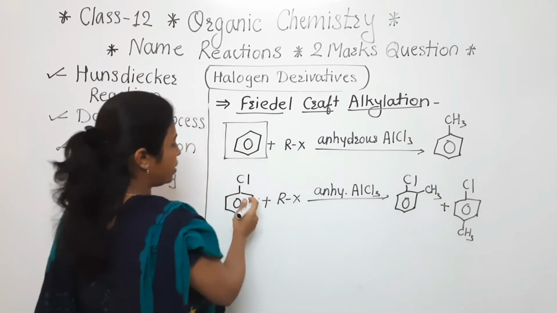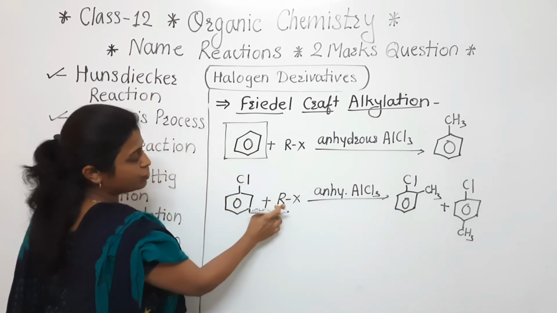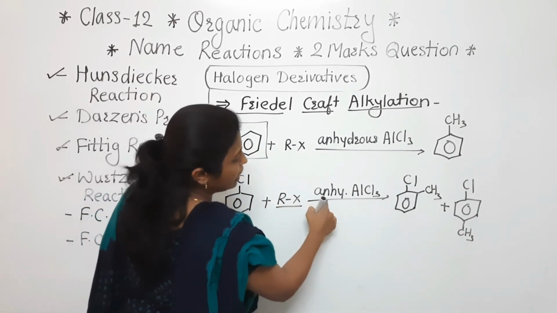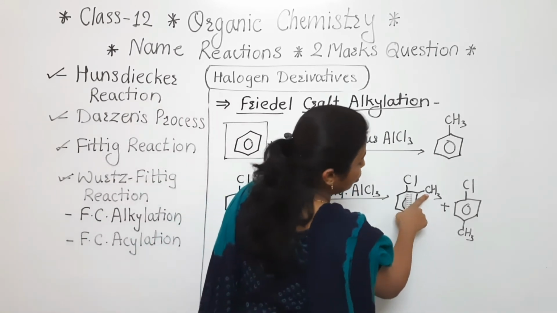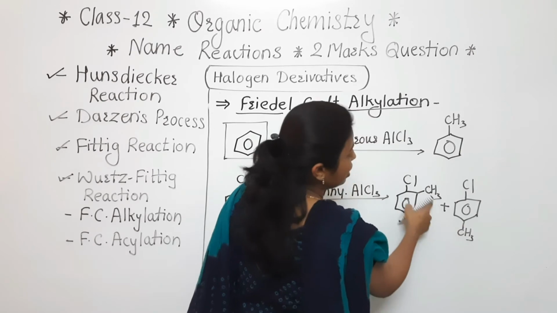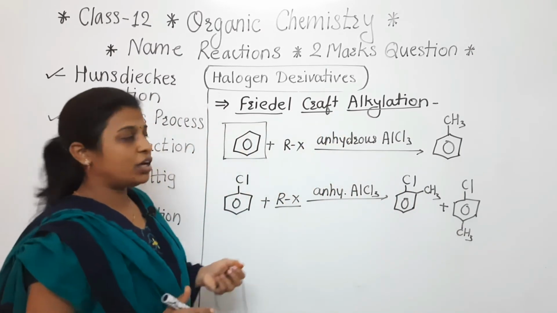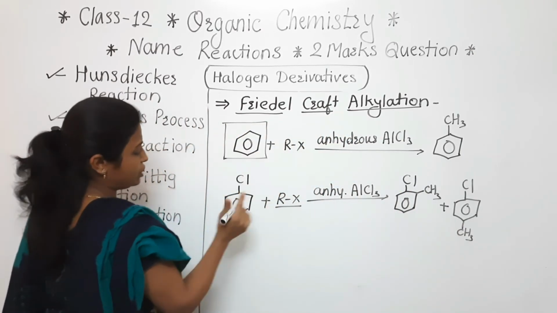So what is the statement? When chlorobenzene is treated with alkyl halide in presence of anhydrous AlCl3, it gives ortho and para methyl chlorobenzene. So here we have completed that reaction as well as statement.